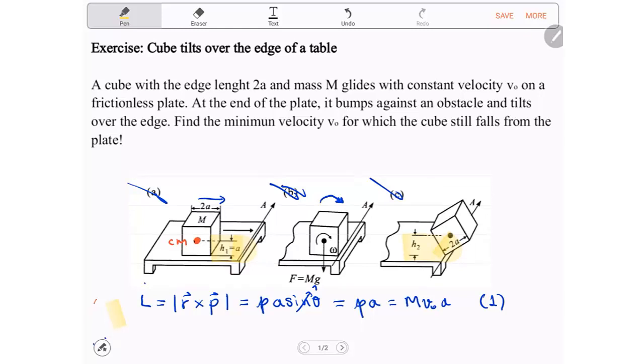It's straightforward to see that H1 is equal to A, but we need to do a little geometry to calculate H2. So we do a little bit of geometry, and we will find that H2 has the following way.